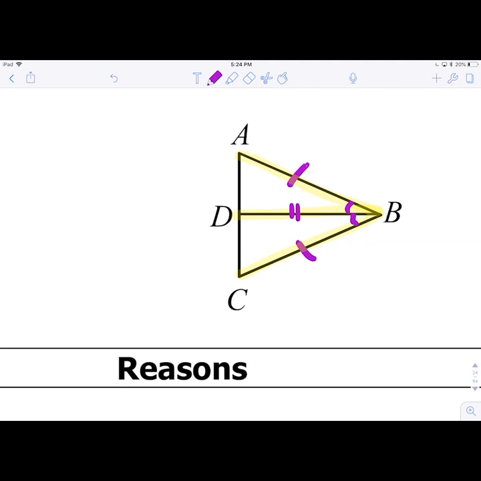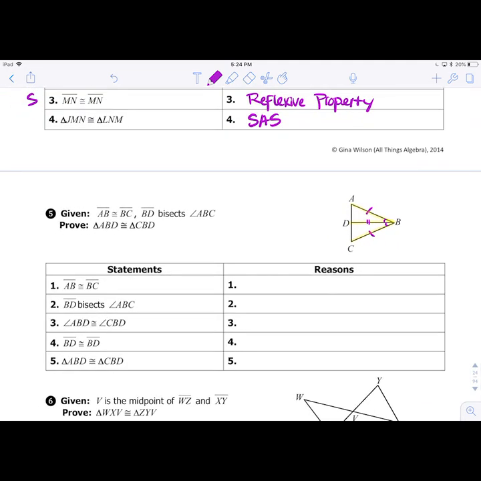All right. So let's fill in our proof. The first two are given. The third one is because of the bisector. So angle ABD is congruent to angle CBD by the definition of an angle bisector.